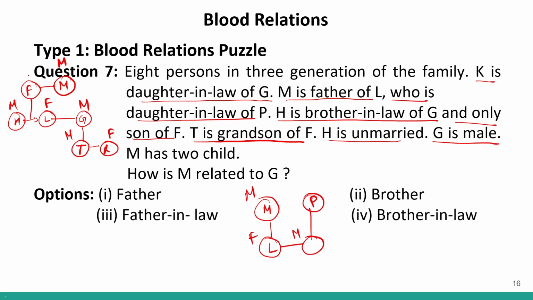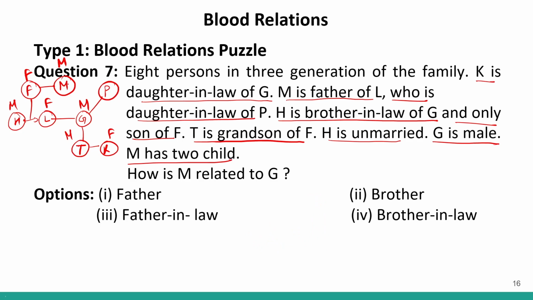This would be male, this would be female. L has a parent P, but the gender of P is unknown. Correct? Can I merge these two diagrams? Yes. If I merge these two diagrams, I will get something like this. It is given to us M has 2 children. So now M will have 2 children, H and L. So this would be the final diagram.